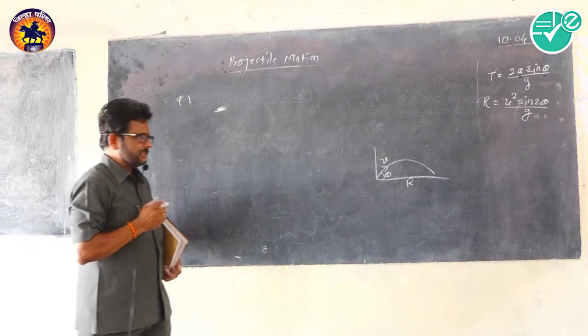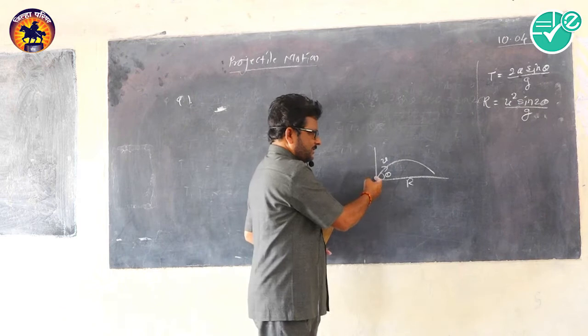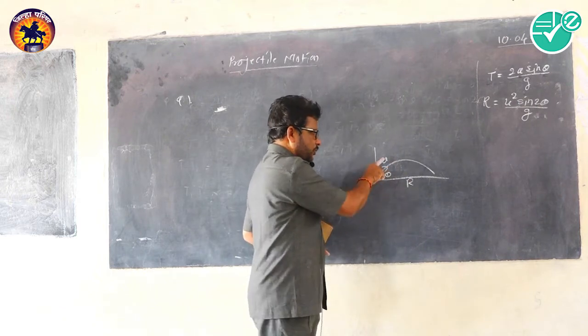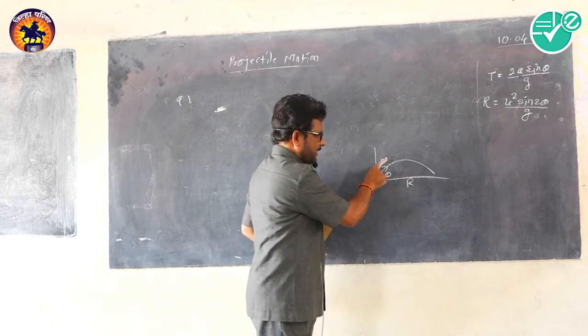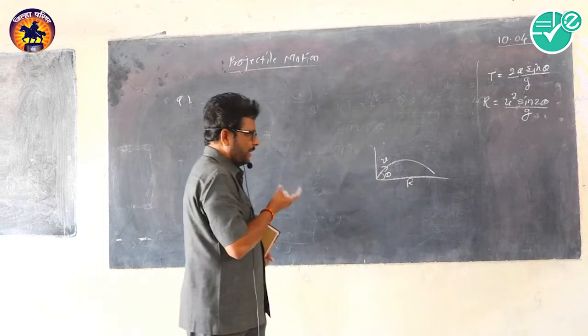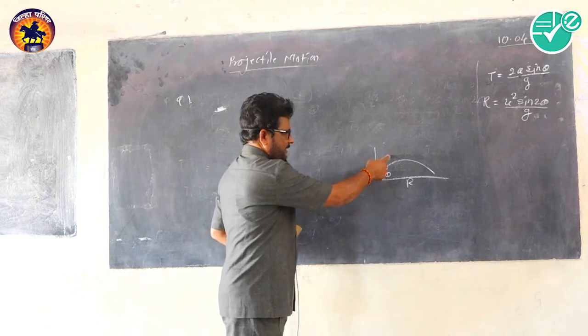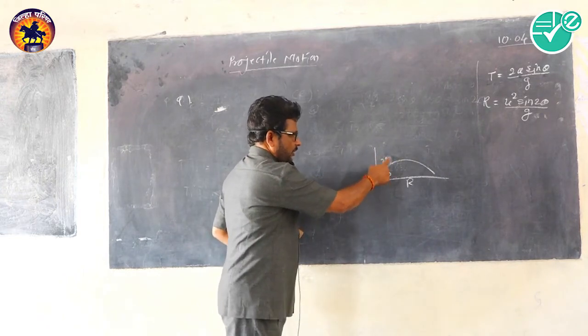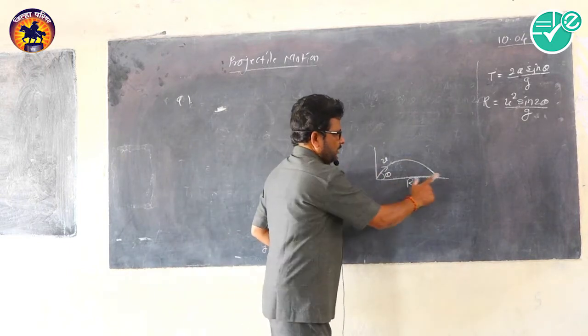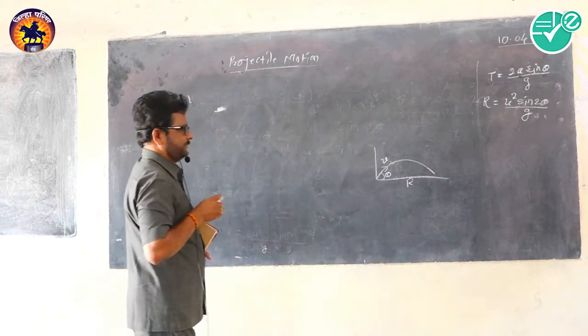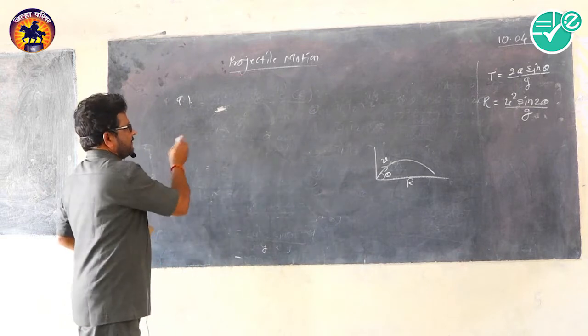Question is like this: suppose a projectile is thrown with initial velocity u by making some angle theta with the horizontal, so that its range is R. And now if this initial velocity of the projectile is doubled, then what will be the new range? That is the question.